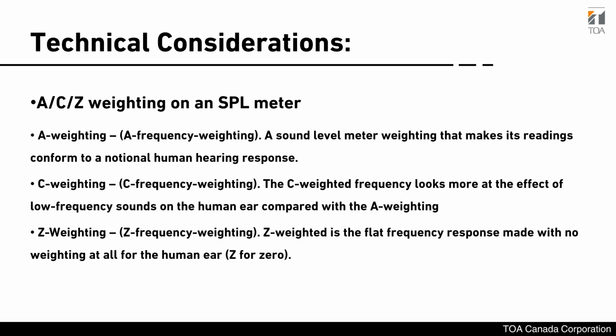C-weighted focuses more on low-level sounds and measures impulse noises, with a nearly flat response between 31.5 Hz and 8 kHz. Now Z-weighted is a flat, unweighted response from 8 Hz to 20 kHz, representing the actual sound without adjustments for human hearing.